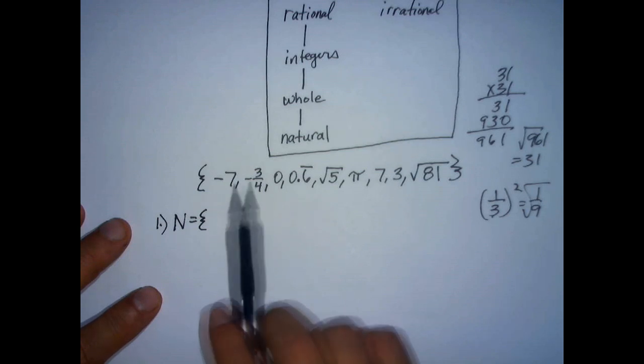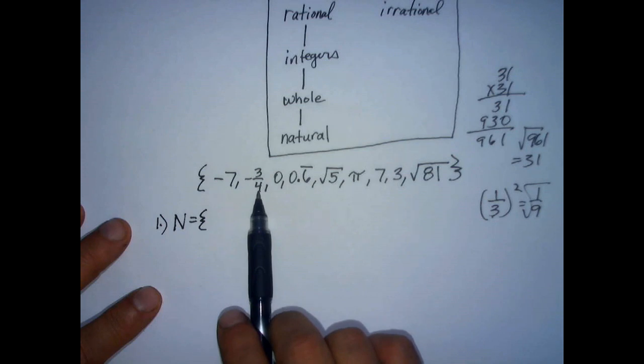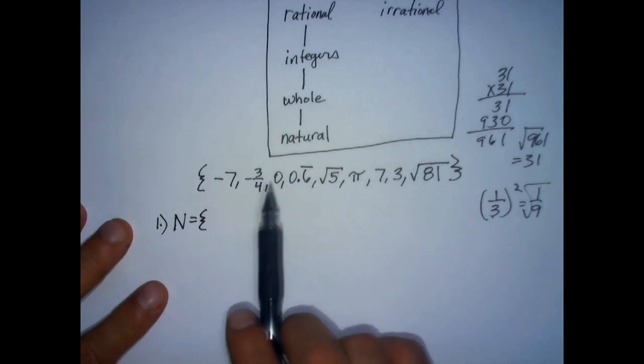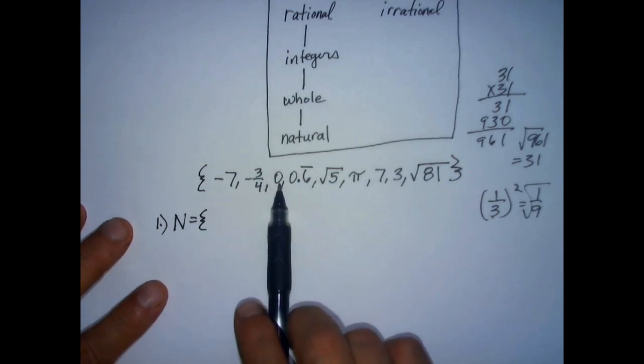No, it's an integer. Is -3/4 a natural number? No, it's a rational number. Is 0 a natural number? No.